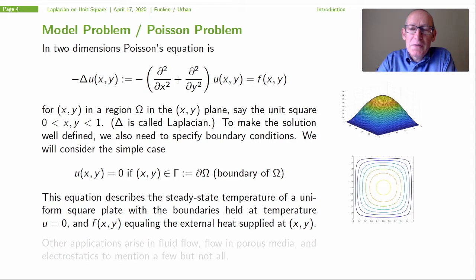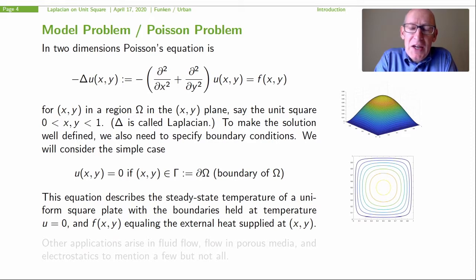So this equation describes the steady state temperature of a uniform square plate with boundary held at temperature u equals 0. So you have some kind of metal. You can fix the temperature with some ice cooling on the boundary, and you have some external heat applied to this metal plate, and you're interested in the temperature distribution.